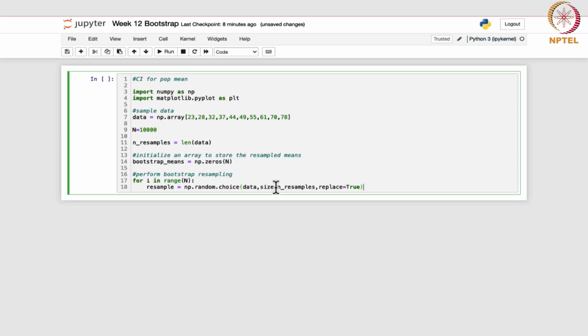What it does is, it will randomly select this many sample points from the original data set that you have over here, and it will be done with replacement. So some data points can be chosen multiple times.